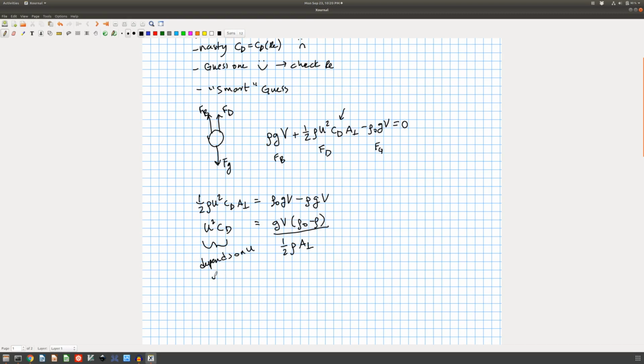That is, the Reynolds number. All the things that depend on the Reynolds number are on this side, right? Because CD is a function of the Reynolds number, and obviously the Reynolds number includes u: rho u d over mu. Okay, so now I'm going to do a little bit of rearranging, and let me just grab my notes to make sure I don't screw this up.